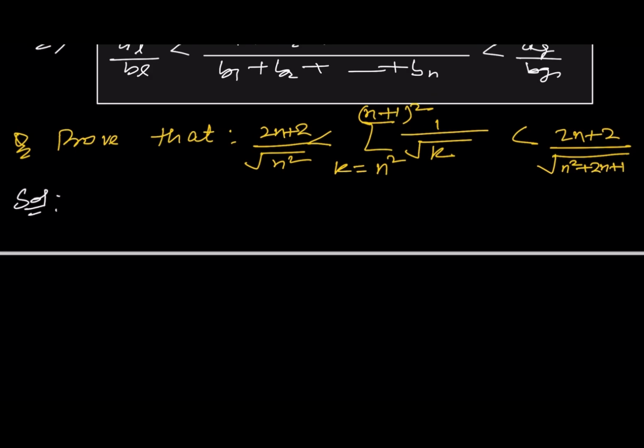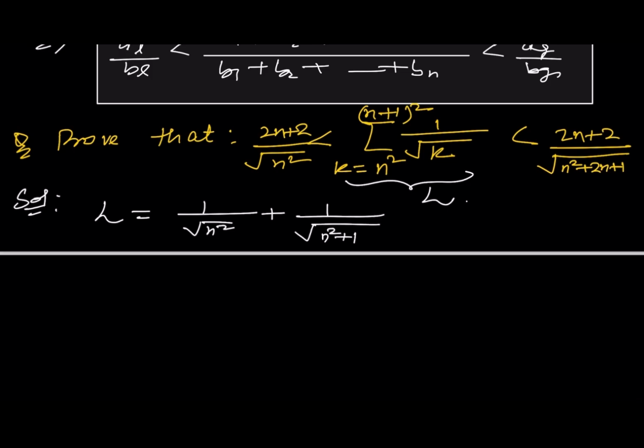So if we write this L in expanded form, then it will be 1/root(n square) plus 1/root(n square + 1) plus 1/root(n square + 2) plus and so on up to plus 1/root((n + 1) whole square), right?